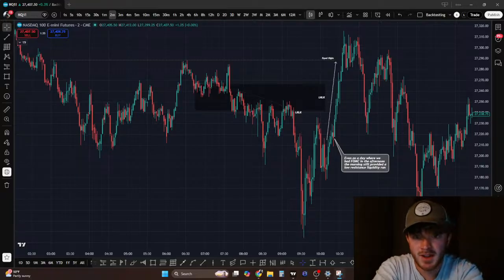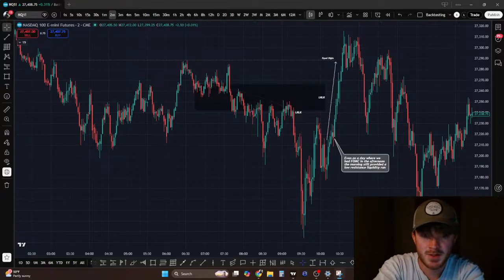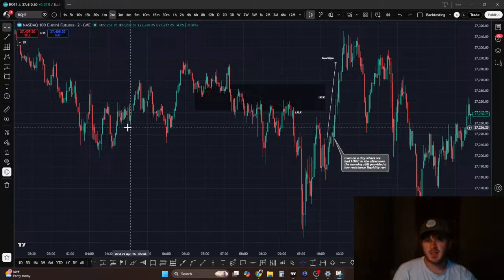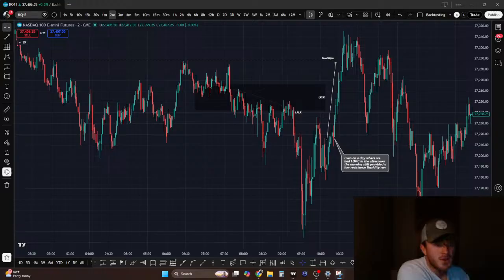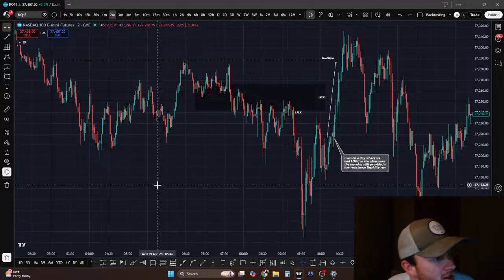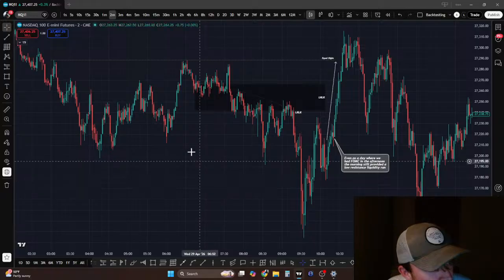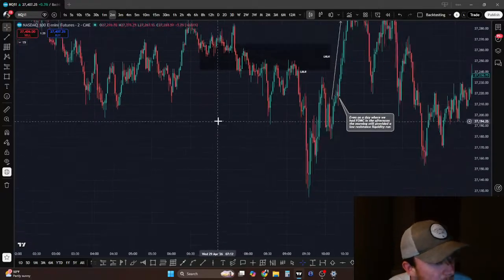Even on a day where we have FOMC in the afternoon, the morning still provided LRR conditions. It's something that is counterintuitive of what people have always told me, but I would never know unless I go into the market and backtest for myself. This is why I always just trust my own backtesting. I don't ignore everything else.